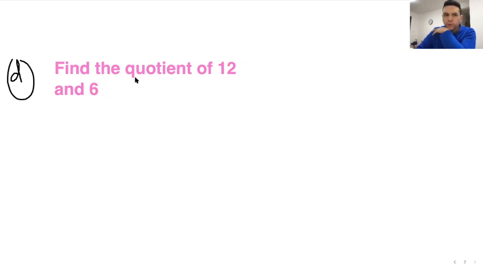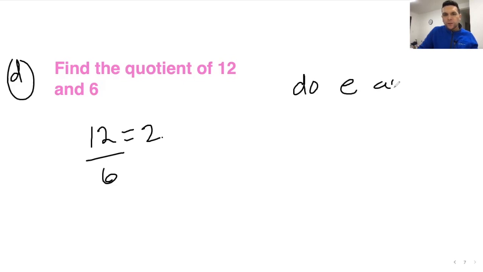Quotient means division, right? So we have to take 12 divided by 6, and that's 2, right? That's it. So if you have the paper, I want you to do E and F.